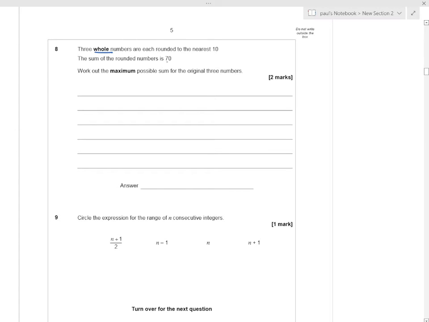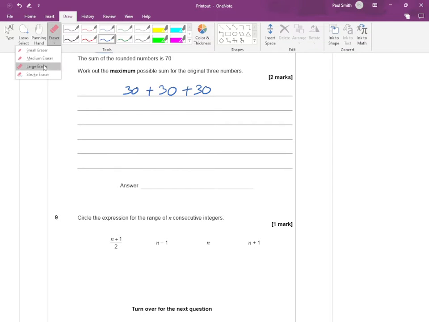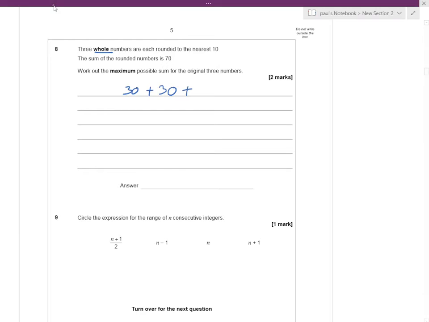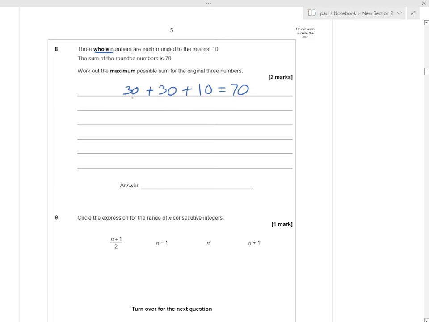And all three of them have got to add up to 70. So if we think 30 plus 30 plus 30, no, not that, is it? That's going to be 90, isn't it? 30 plus 30 plus 10 equals 70, yeah? So we need the biggest numbers that will round down to 30, 30 and 10.